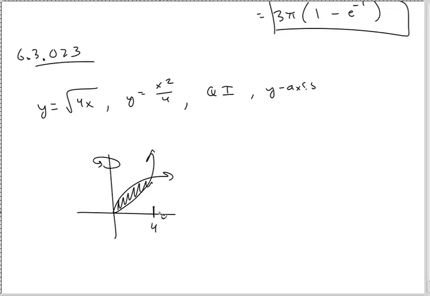I need to be able to find... Oh, how do I know it's 4? Sorry. I'm going to set them equal to one another. So I get 4 square root of x equals x squared.